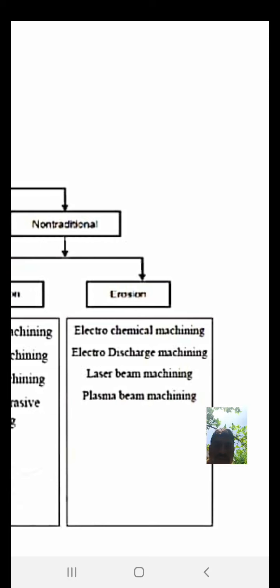In the non-traditional way we are using abrasive jet machining, ultrasonic machining, water jet machining, magnetic abrasive finishing, and next is erosion. Under the erosion process we are using electrochemical machining, electro discharge machining, laser beam machining and plasma beam machining.